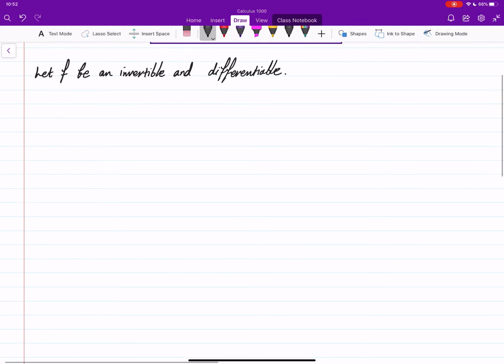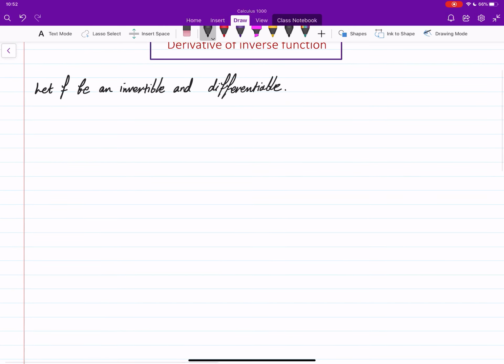Well, we know that when you have f and f inverse, there is a good relation between different things of these two functions. For example, if y is equal to f inverse of x, then we know that x is going to be equal to f of y.